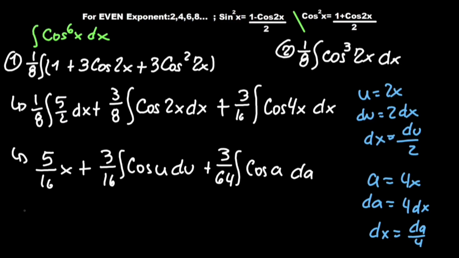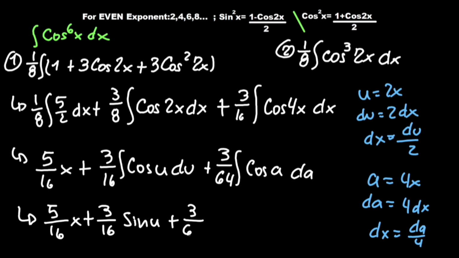So we can integrate this one by one now. Integral of cosine of u would be sine of u. Integral of cosine of a would be sine of a. There is no need first to put plus c, because remember we still have this other one.